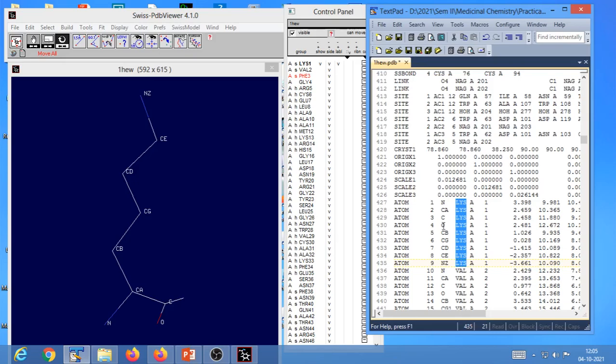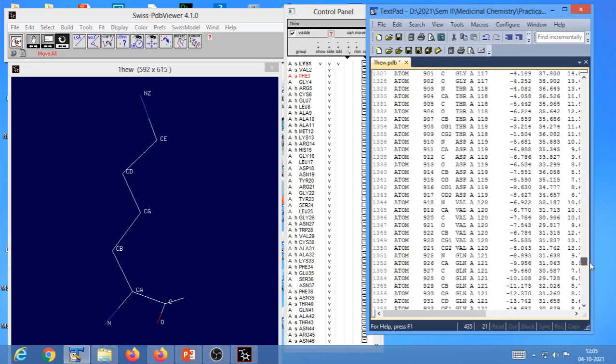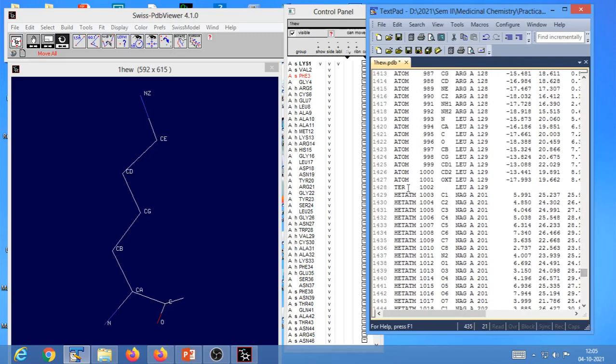So this N corresponds to the N terminus of your protein, and the last atom of your protein is the terminal oxygen, or what we call OXT. In this way you represent your protein molecule from N terminus to C terminus.